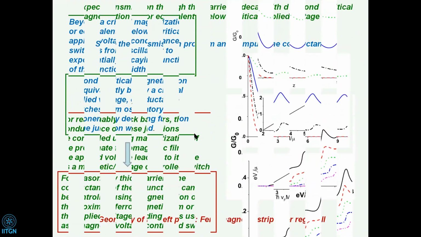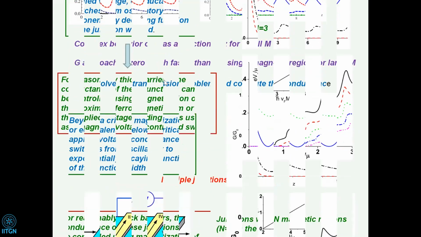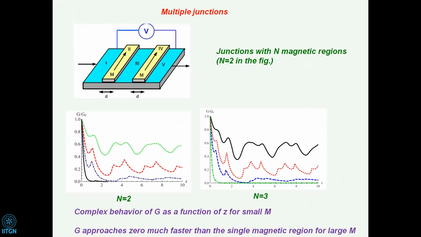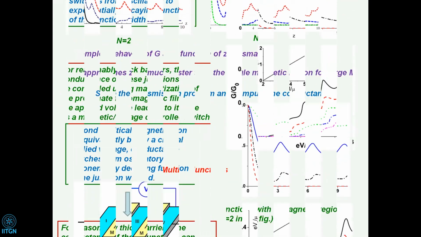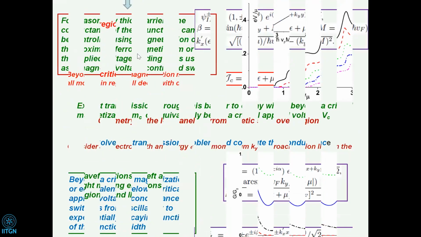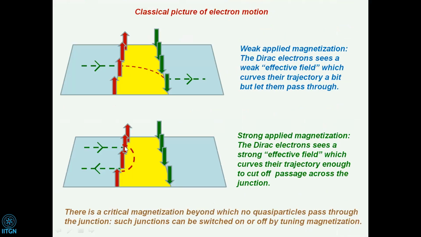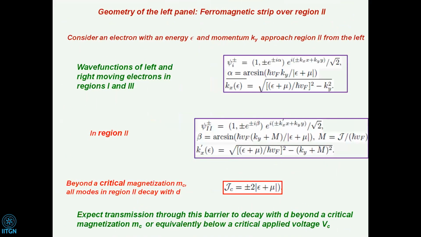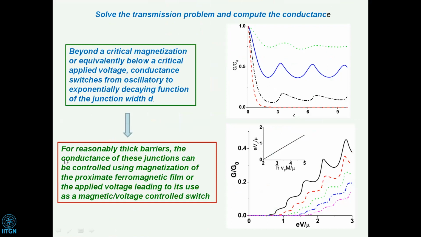From a semi-classical point of view, one can understand this by looking at the trajectory of these electrons. For a strong magnetization, the curvature while passing through this small region is large enough that the electron just goes to the other side. So either way, the prediction, which was later verified numerically, is that beyond the critical magnetization, the conductance goes to 0.